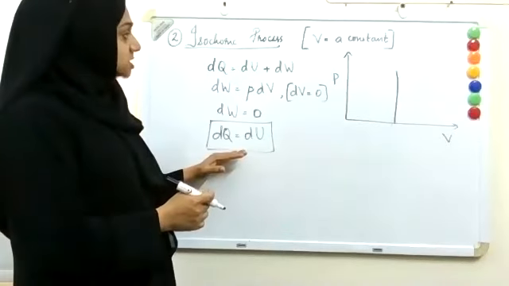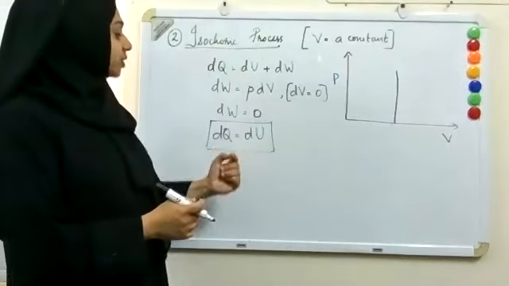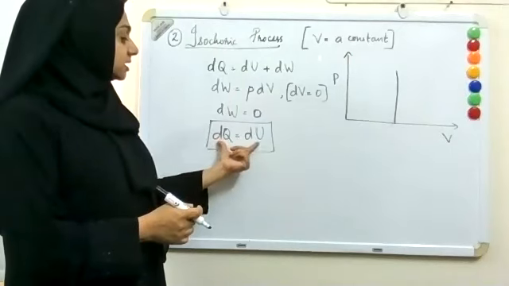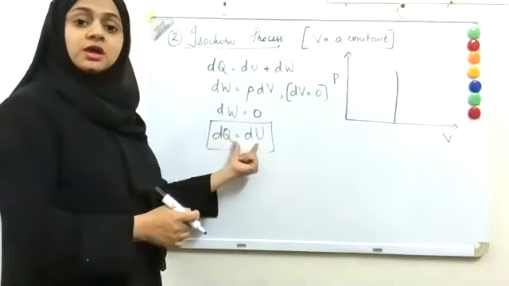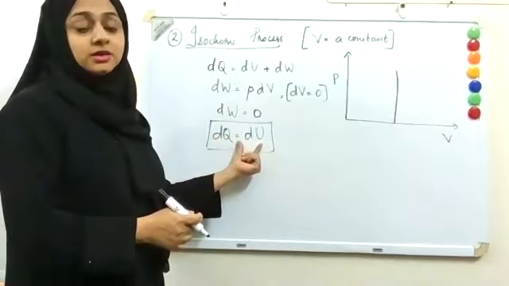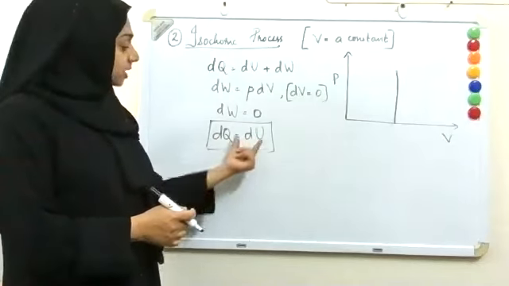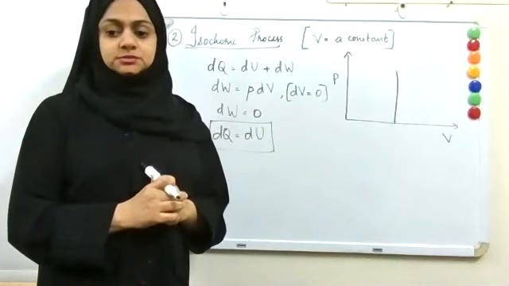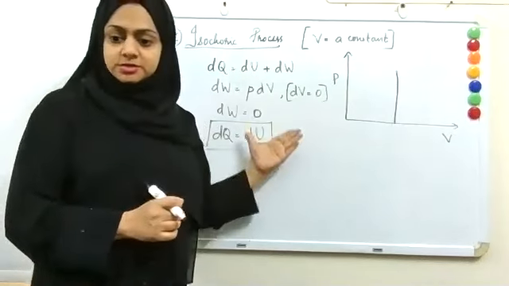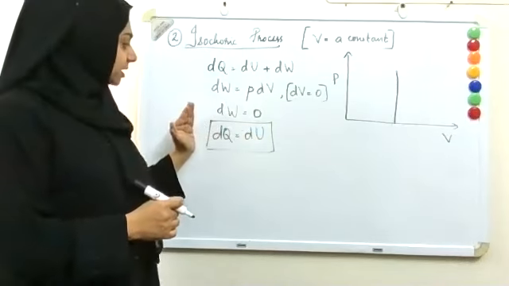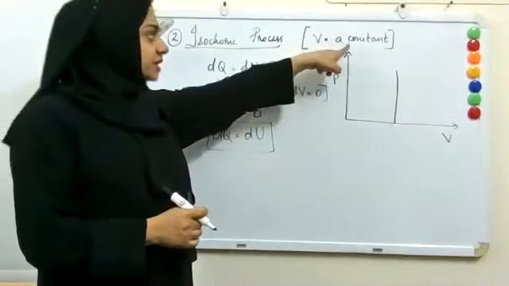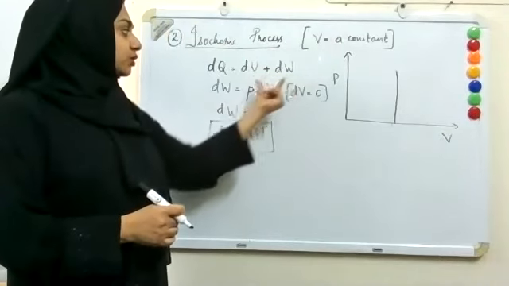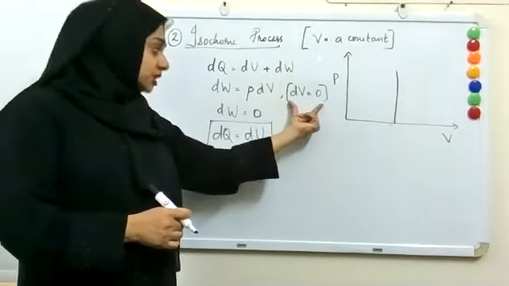So this is the case for an isochoric process. All the heat energy which is given will result in an increase in its internal energy. Is this clear to you? Yes, teacher. Okay. So remember that when we put V constant, dW, which is P dV, becomes 0.